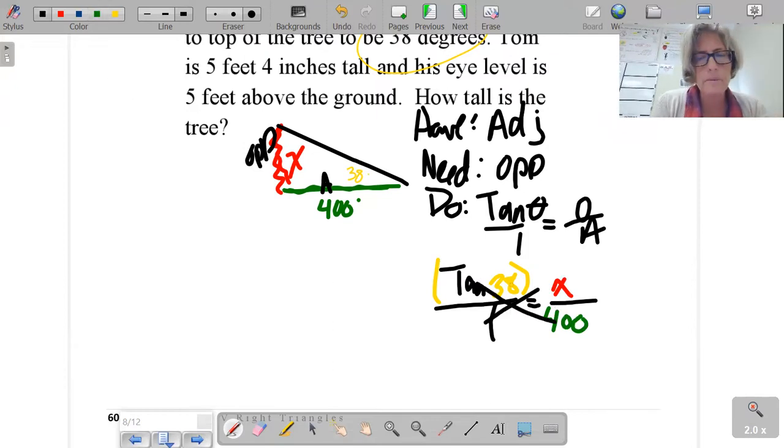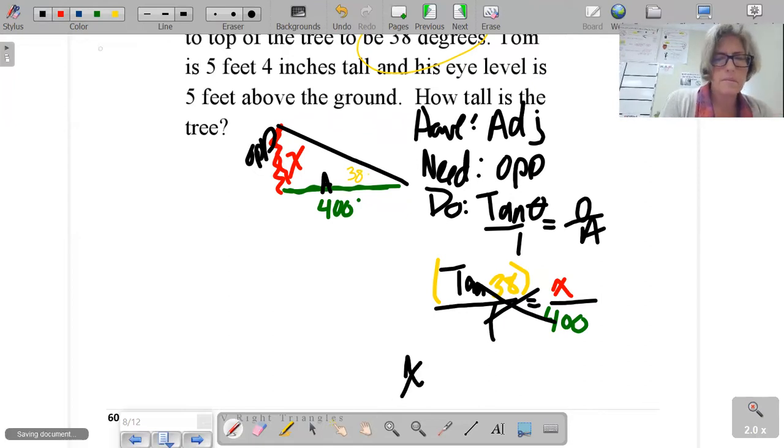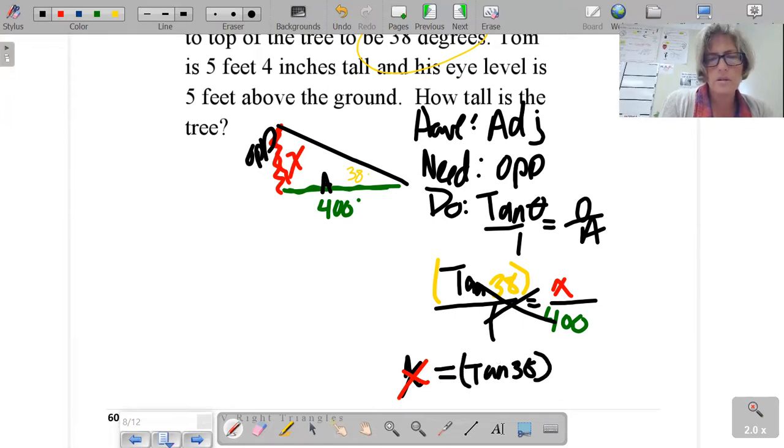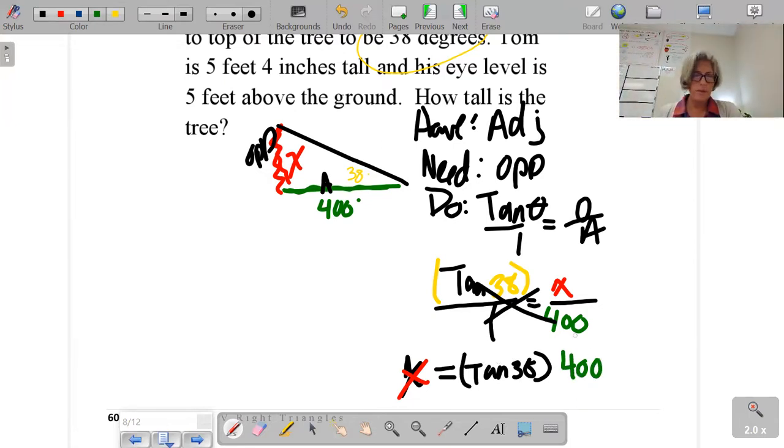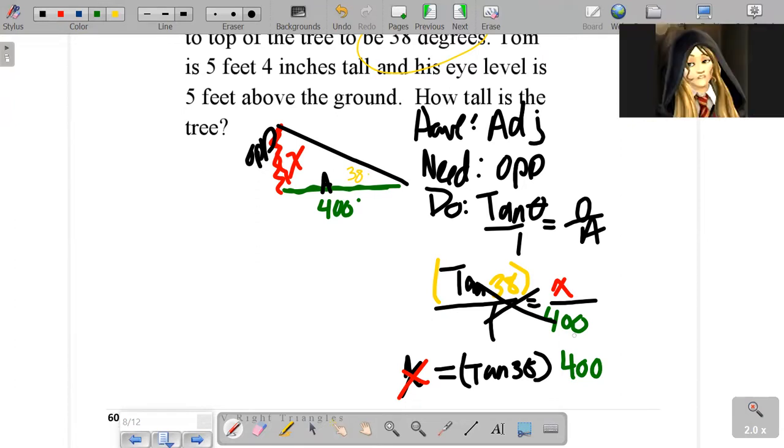Cross multiply. Our x is going to equal tan 38 times 400. Your x is by itself.